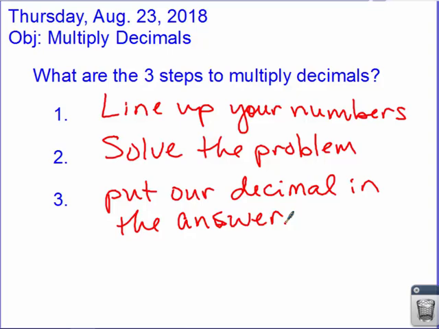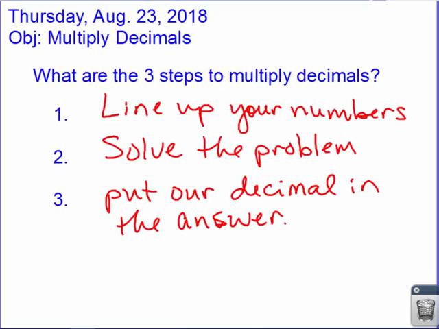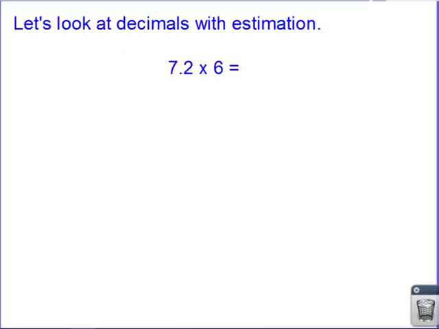So let's look at our first problem. So our first problem is 7.2 times 6. Now what I'd like for us to look at, to do that third step, put your decimal in the answer, is to look at that through estimation. Okay, before we actually look at our rule, let's do it through estimation. That means we're going to do some rounding and multiply.